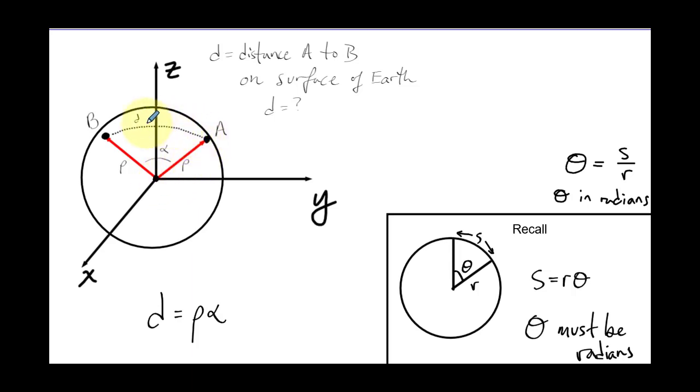Rho is the radius of the circle, alpha is this subtended angle, and d is this arc along the circle that would correspond to that angle alpha. So that's how we'll calculate the distance between the 2 points. Fundamentally just multiplying the radius of the Earth times the subtended angle, but that angle must be in radians.